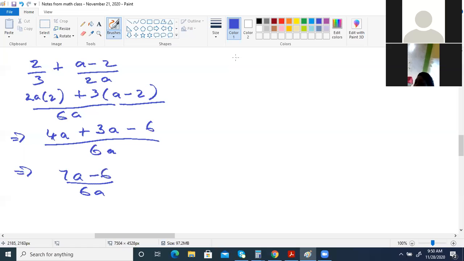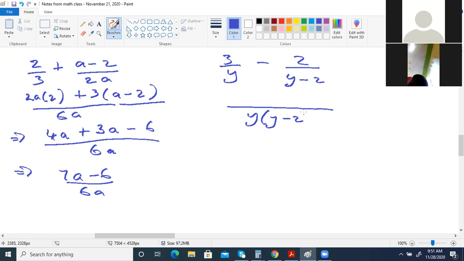Let's move right along. We have the next one being number 13, which is 3 over y minus 2 over y minus 2. So the LCM now is y into y minus 2. So y into all of that gives you y minus 2.